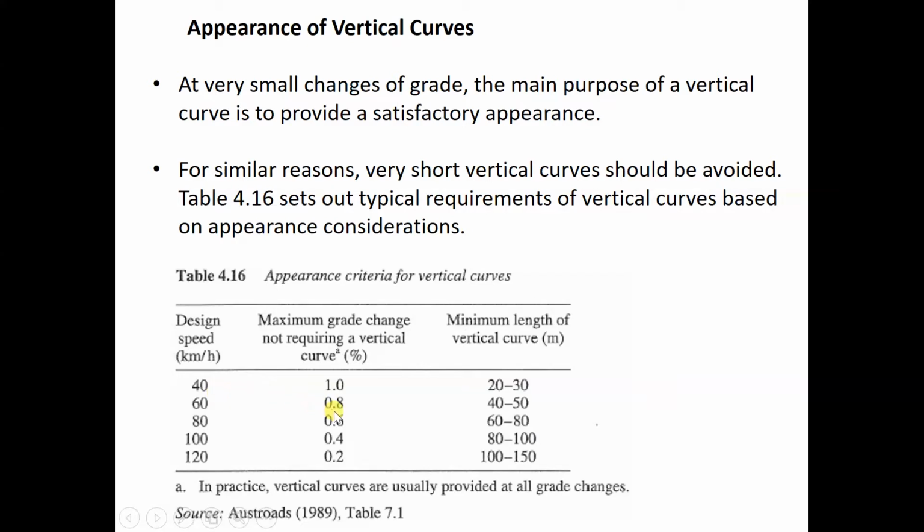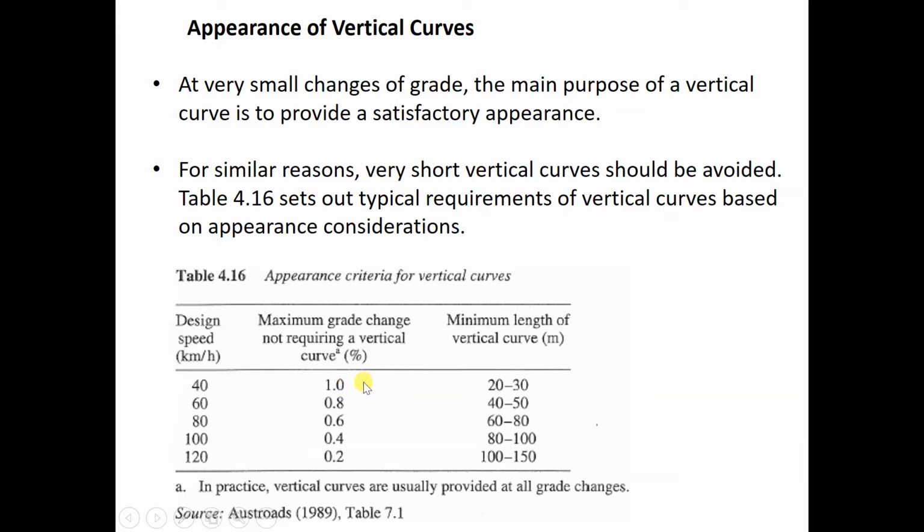The same thing applies for the various design speeds. For the maximum change of grade, if it's a low speed, it's 1% change; for a higher speed like 80, it's 0.6% change; for 120, the limit is 0.2. So these are the maximums. If you are below this percentage for the various speeds, then you don't need to provide vertical curves.